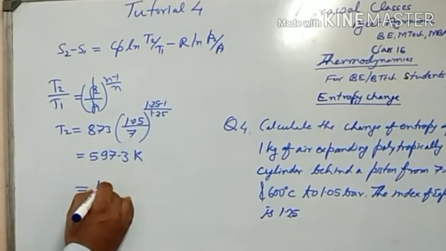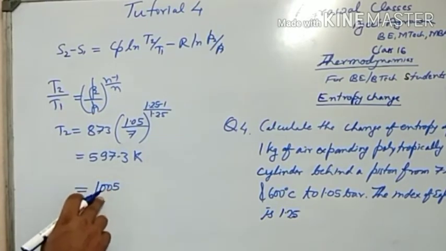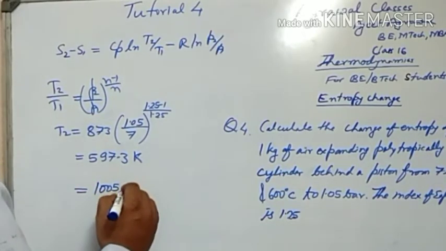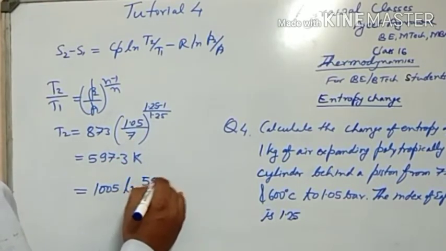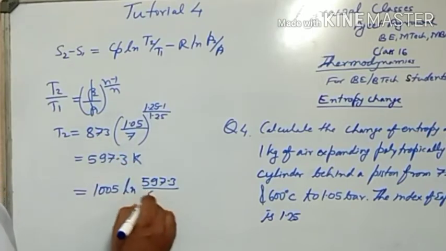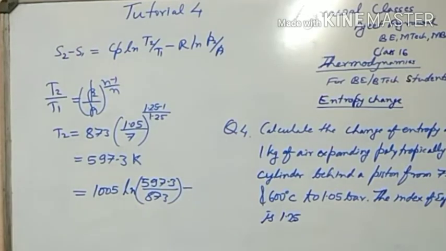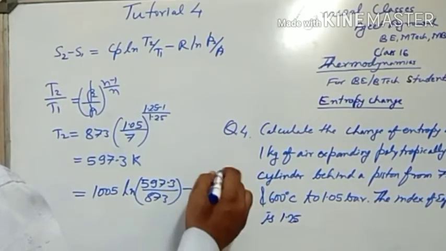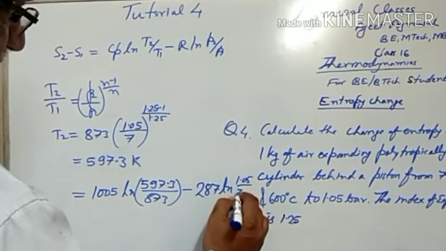Now to find the change in entropy, we'll directly substitute the values here. Cp for air we know is 1005 joules per kg Kelvin, instead of writing 1.005, into log of T2, which is 597.3, divided by T1, which is 873, minus R. R for air we know as 287, multiplied by log of P2, which is 1.05, and P1, which is 7.